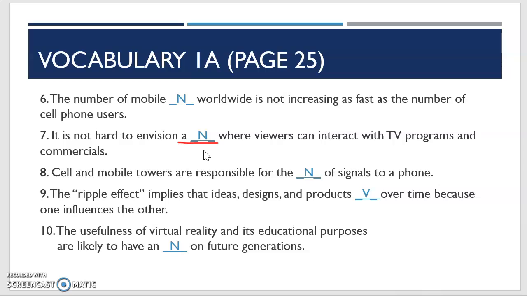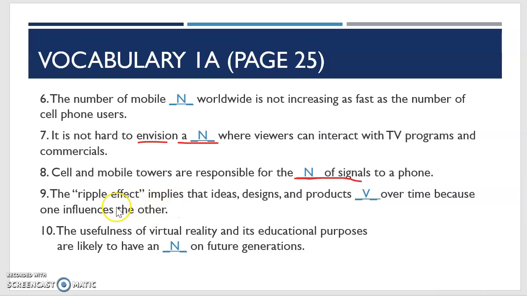And that is the idea of a world that we are envisioning, right? It's not yet real. It's hypothetical. It's a vision. Number 8, cell and mobile towers are responsible for something of signals. This is a good place for the word transmission, the transmission of signals.